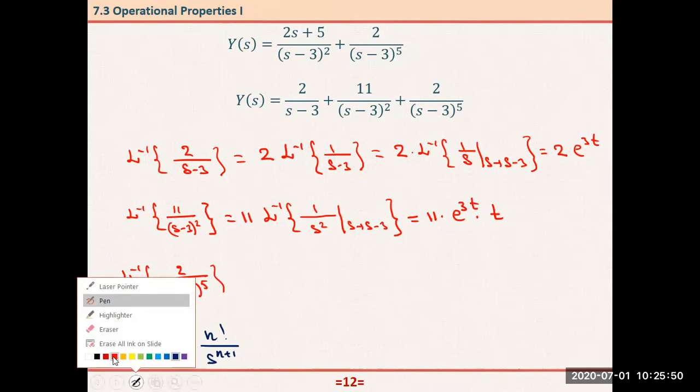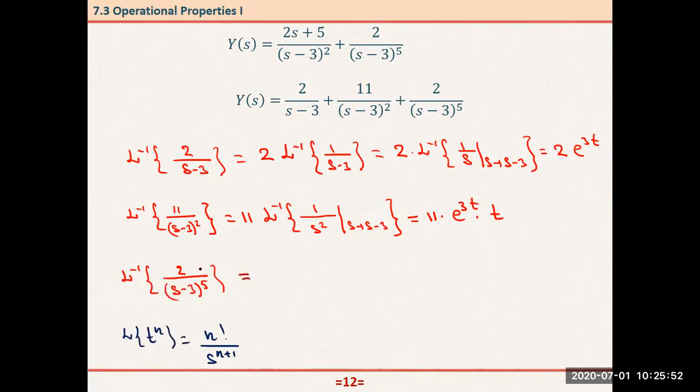Just keeping this in mind, this thing is equal to, first, 2 is a constant, inverse Laplace transform of 1 over s minus 3 to the power 5. That is s to the power 5, where s should be replaced by s minus 3. Right? So what I need here to be able to write in this form.